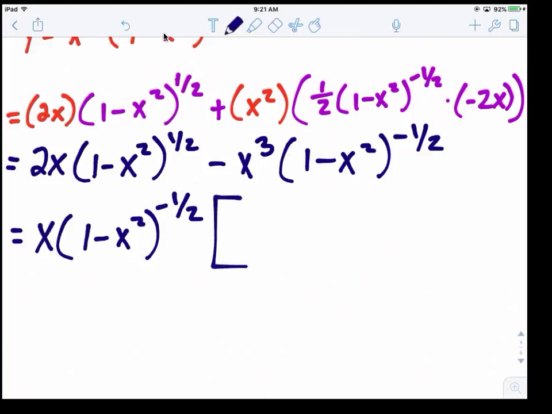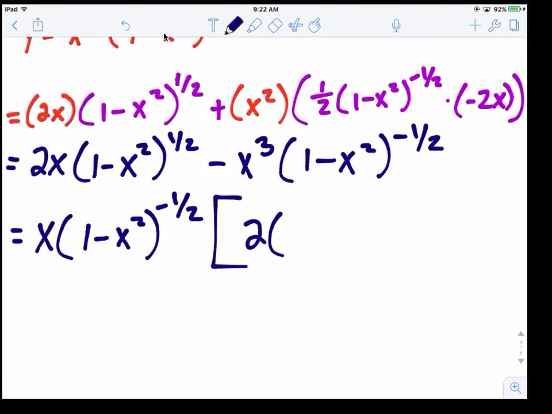Okay. So now what I have left over, I have 2 times. Now, if I were to multiply 1 minus x squared to the negative 1/2 by what to give me positive 1/2? Not 2. Right?